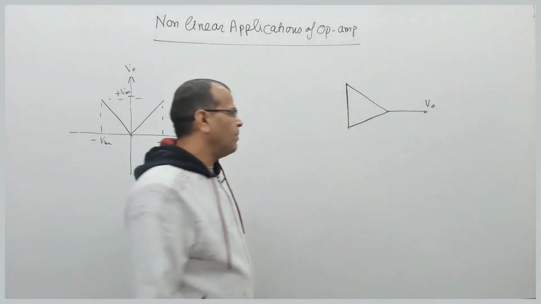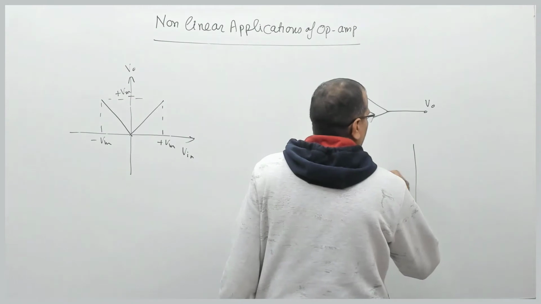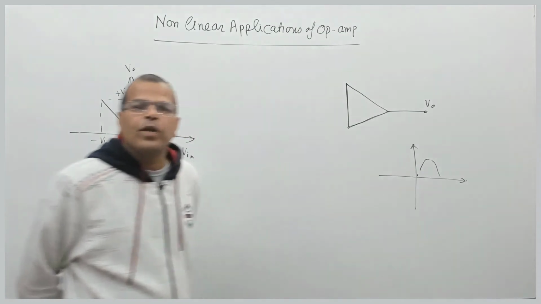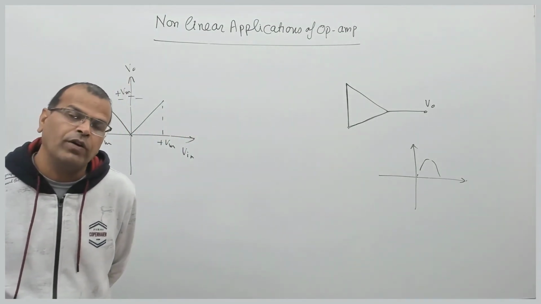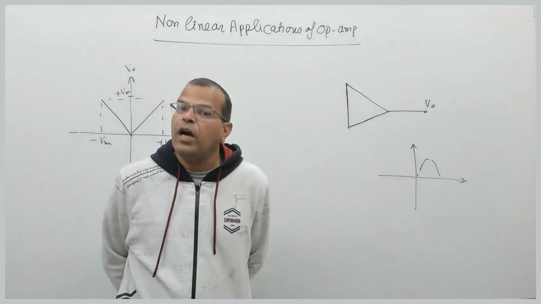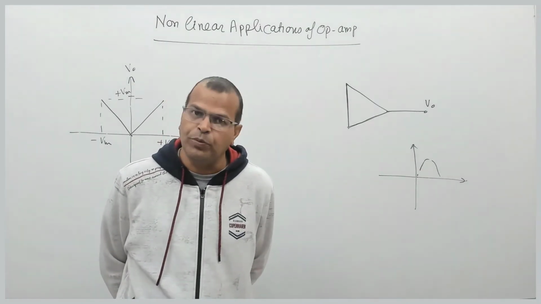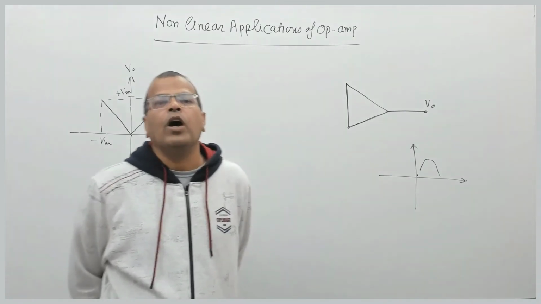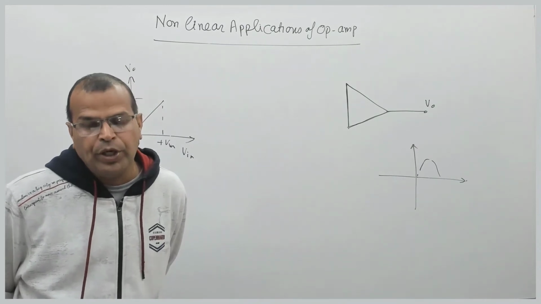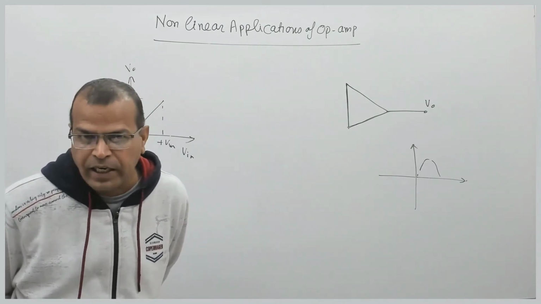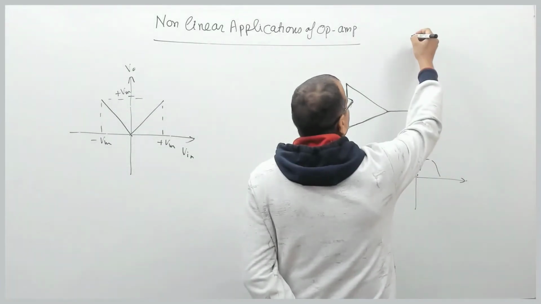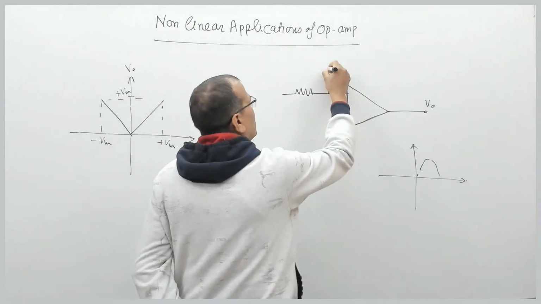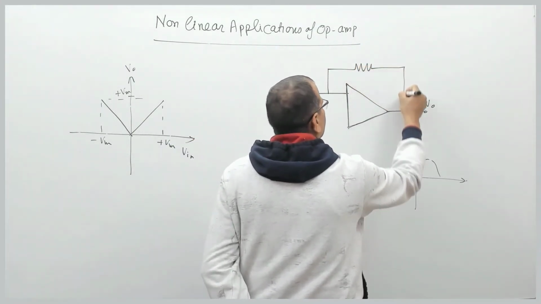I have to obtain a characteristic similar to this by using half wave rectifiers, right? So if you remember, in half wave rectifiers, what I need to do is, during the positive half cycle, the output should be the same as the input. So I have to use one half wave circuit where the output is the same as the input during the positive half cycle, right? Let us see carefully. Suppose I have this circuit, right?